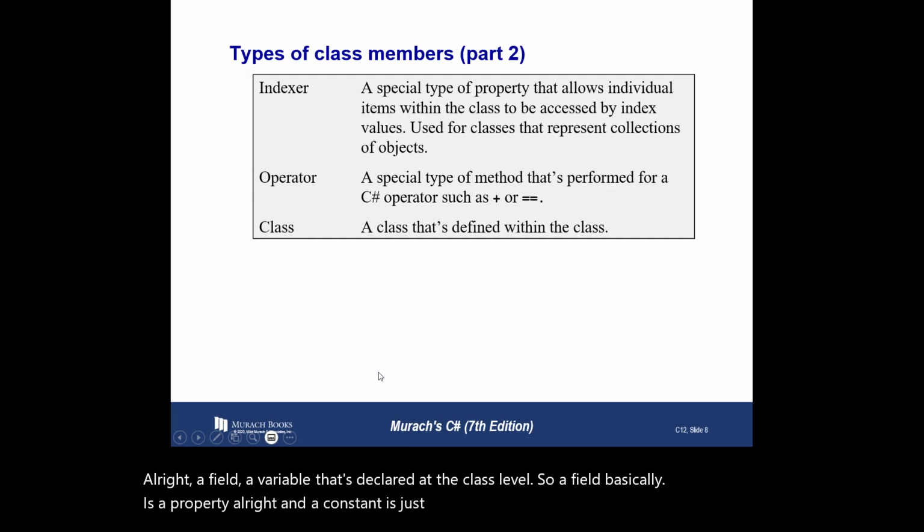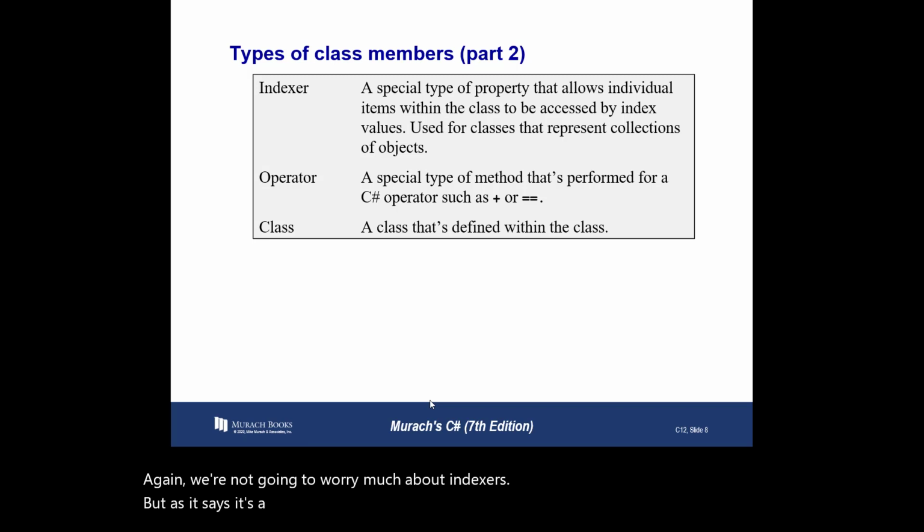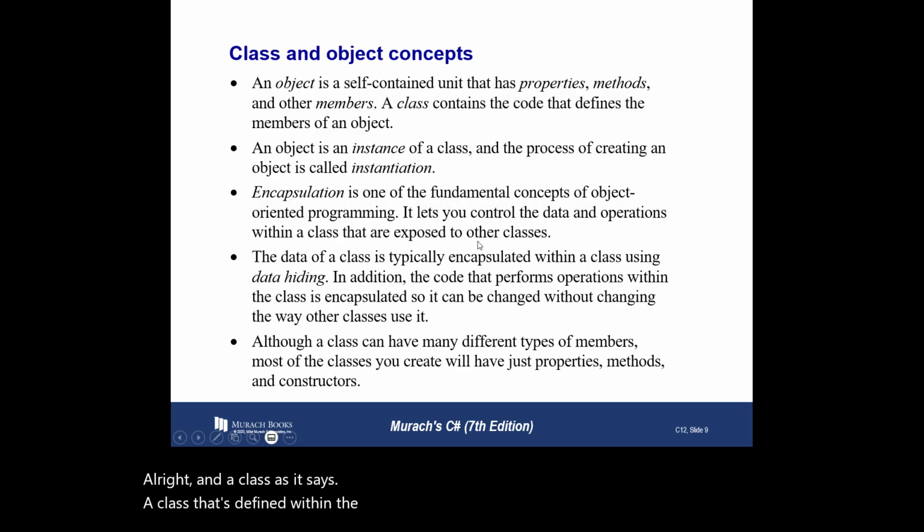It's something whose value cannot change. Again, we're not going to worry much about indexers, but as it says, it's a special type of property that allows individual items in a class to be accessed by index values. An operator is a special method, and a nested class is a class that's defined within the class. Don't worry about all that stuff.